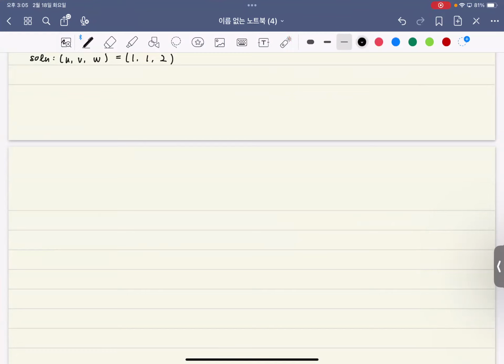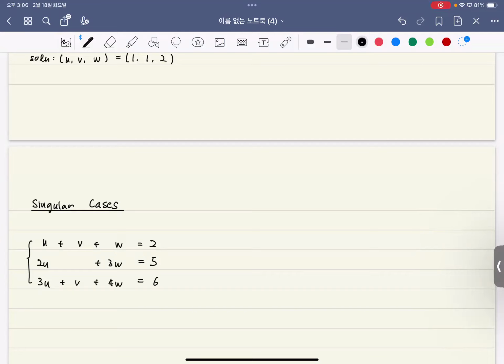Now, there are some singular cases. I have changed the numbers a little bit. Suppose that I have this system of equations that has 3 unknowns and 3 equations.